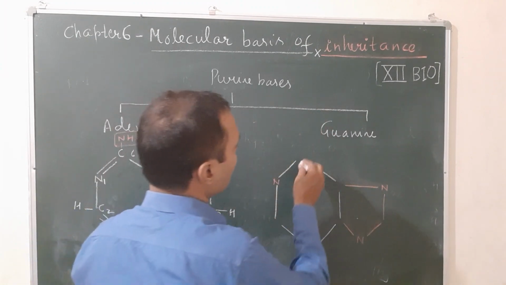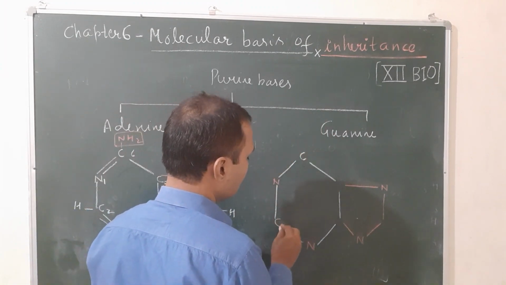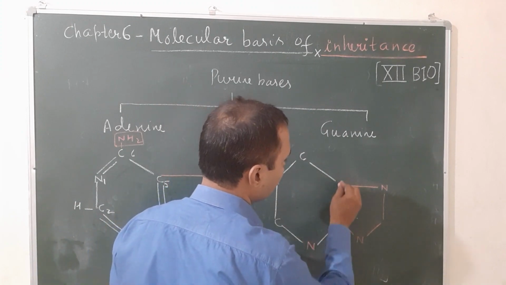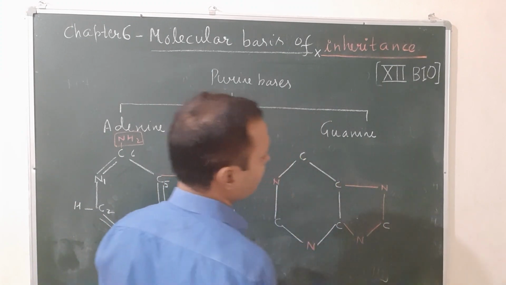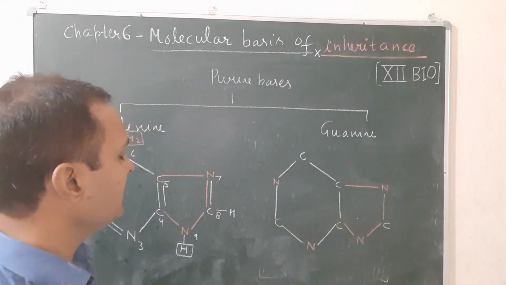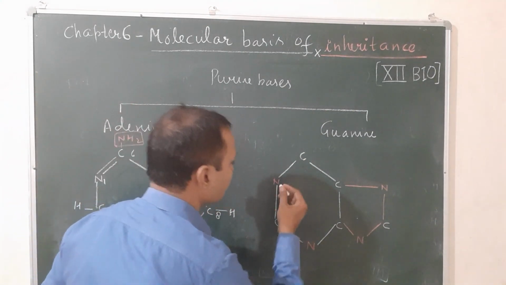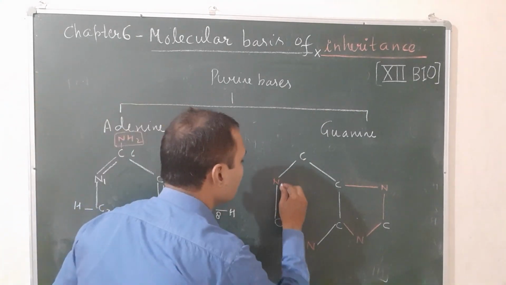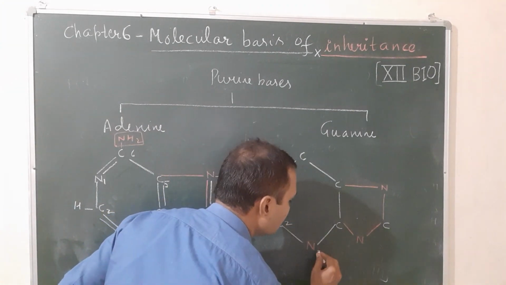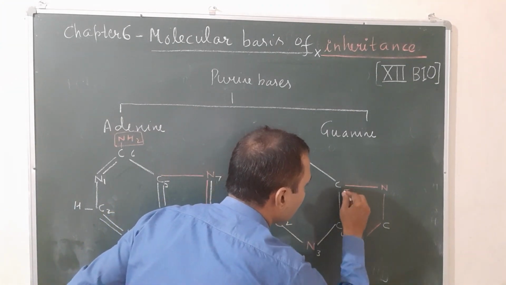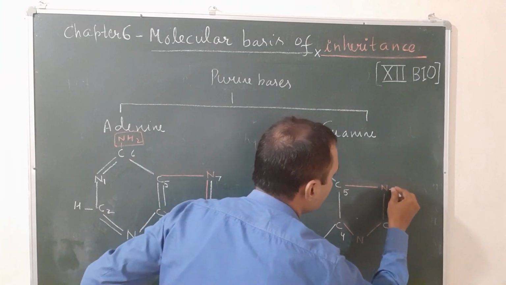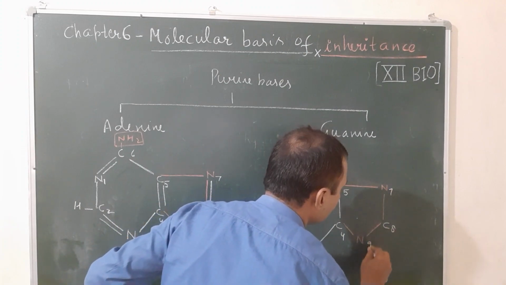So the remaining are carbon atoms. Carbon, here also carbon, then carbon, carbon and carbon. Okay. Now for guanine, first we write the numbering. So 1, 2, 3, 4, 5, 6, 7, 8, 9.